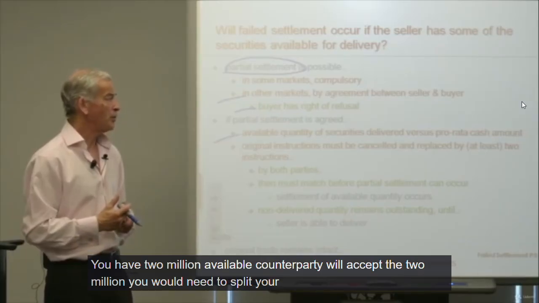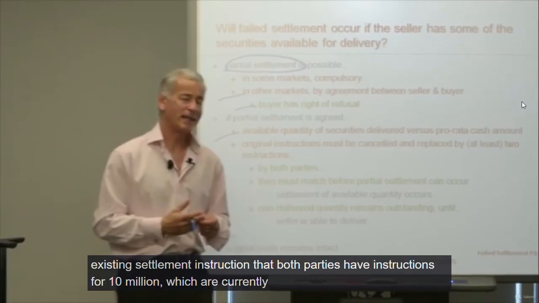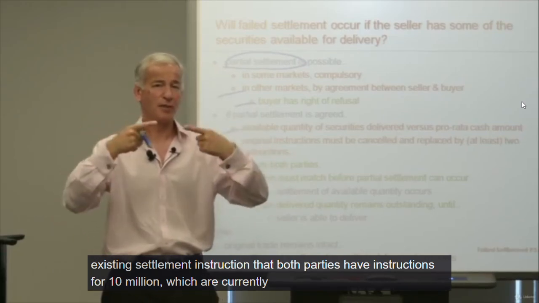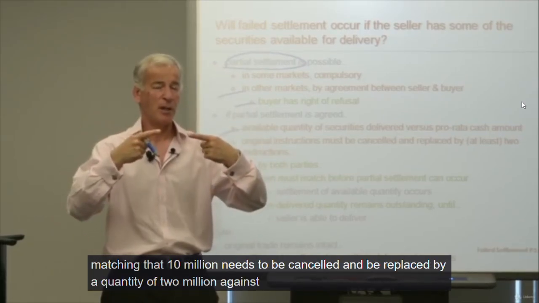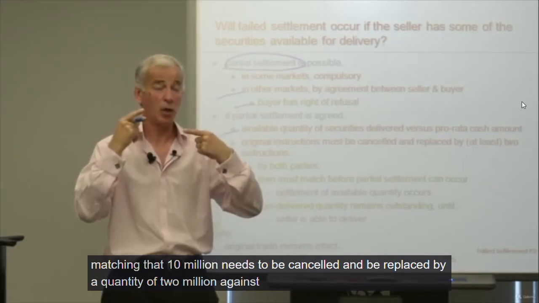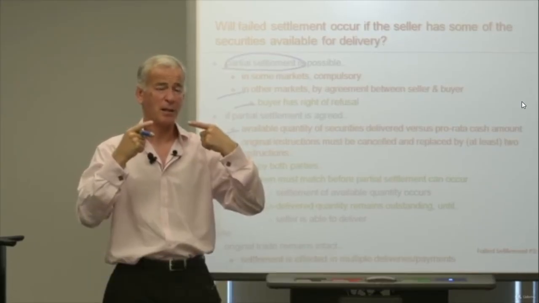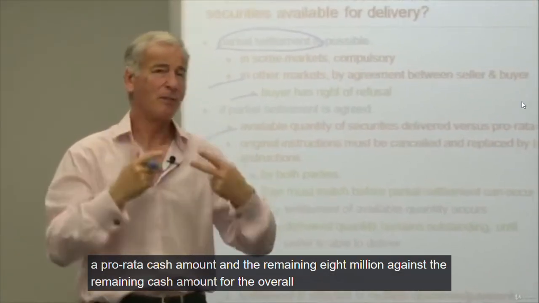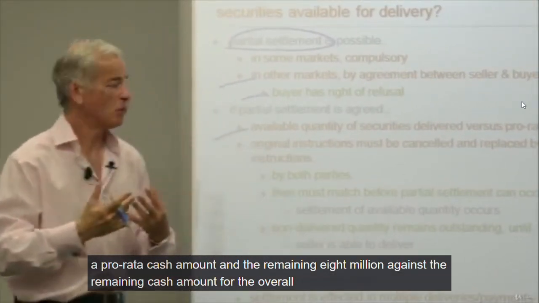You would need to split your existing settlement instruction. That's both parties have instructions for 10 million which are currently matching. That 10 million needs to be cancelled and replaced by a quantity of 2 million against a pro rata cash amount and the remaining 8 million against the remaining cash amount for the overall trade.